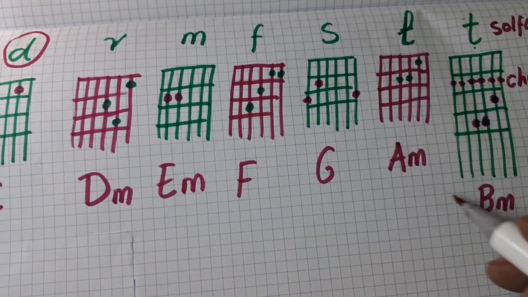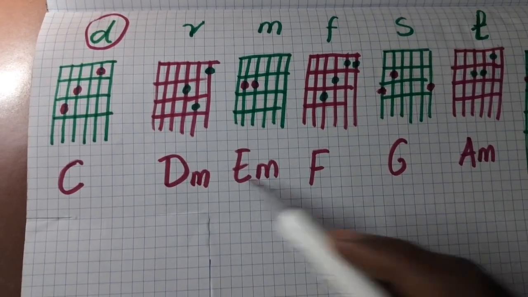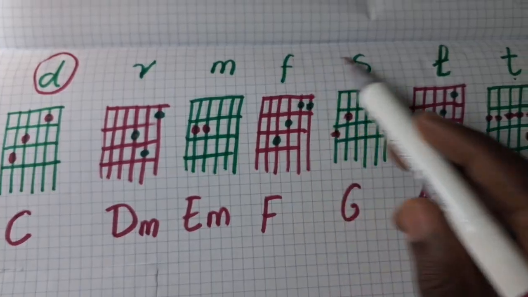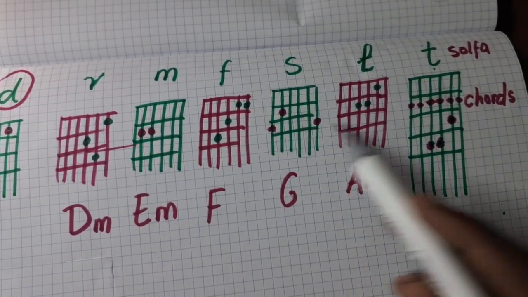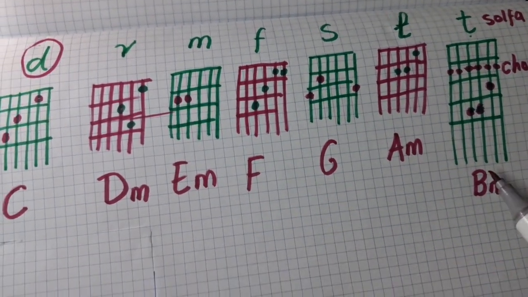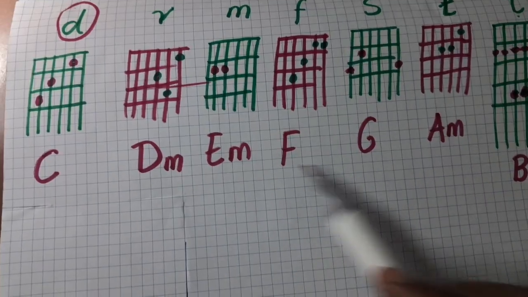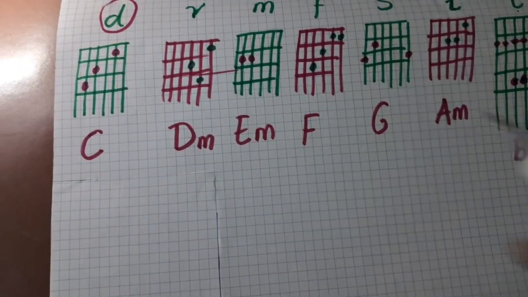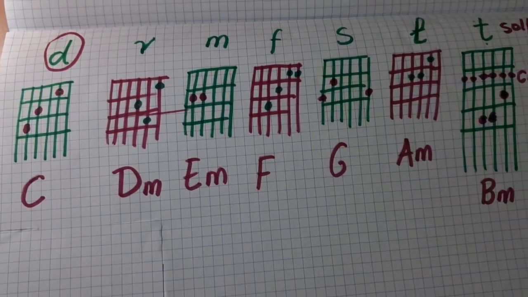And then this is the representation in the musical alphabet. This is the solfa notation. This is the chord, guitar chord chart, and then this is the music alphabet. So this is what we have. So now we'll go to the practical aspect of it.